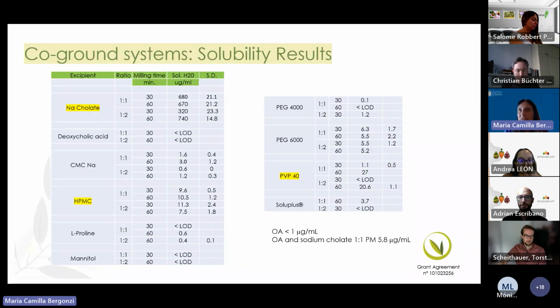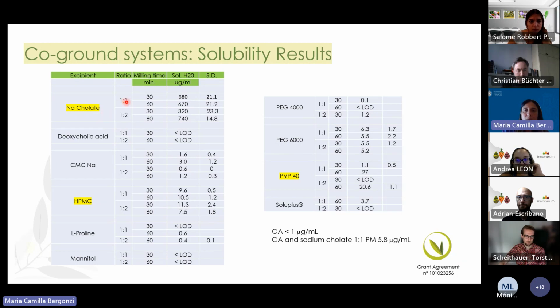We tested different stabilizers, evaluated the influence of the milling process and the stabilizer on the solubility of the oleanoic acid. We tested also different weight ratios oleanoic acid to stabilizer and different milling times. We have the best result with sodium cholate.